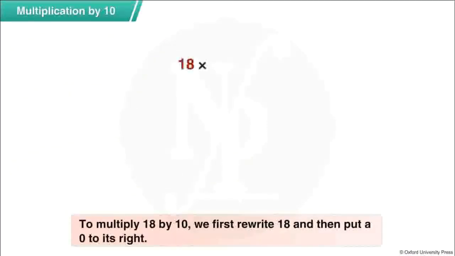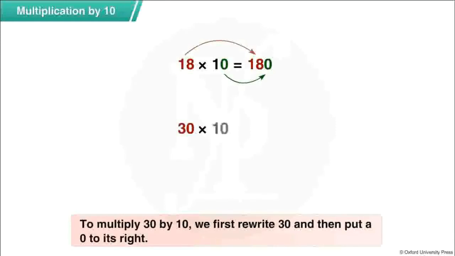Similarly, to multiply 18 by 10, we first rewrite 18 and then put a 0 to its right. To multiply 30 by 10, we first rewrite 30 and then put a 0 to its right.